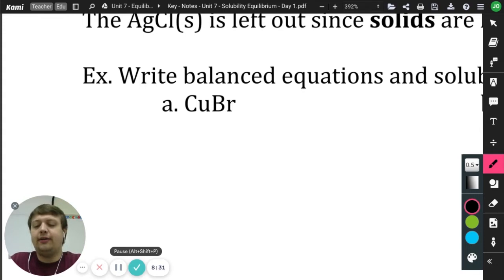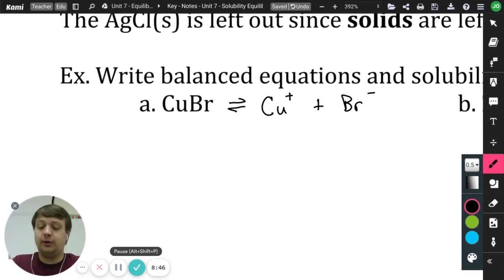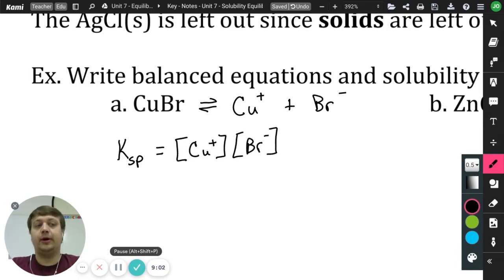Here I've got copper bromide, and this is going to form a copper ion and a bromide ion. When I write my equilibrium expression, remember it's products over reactants. So my KSP equals the concentration of copper times the concentration of bromide.